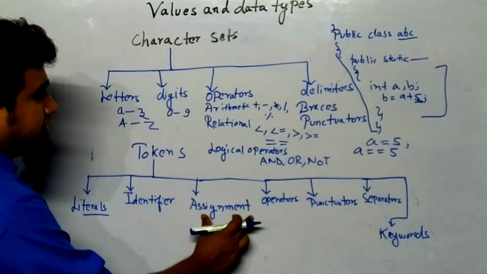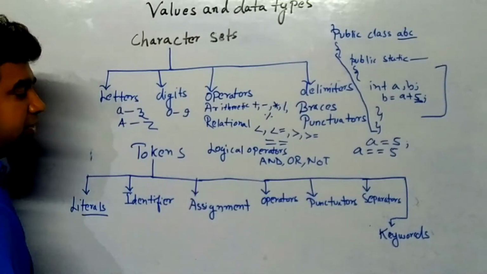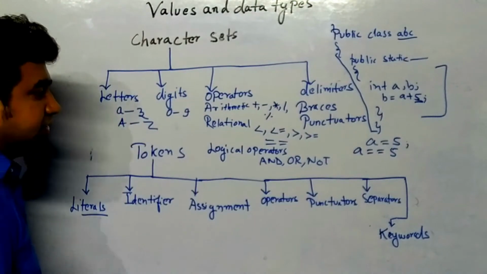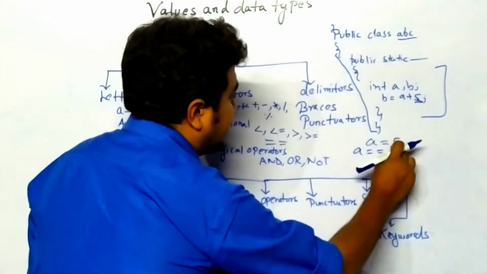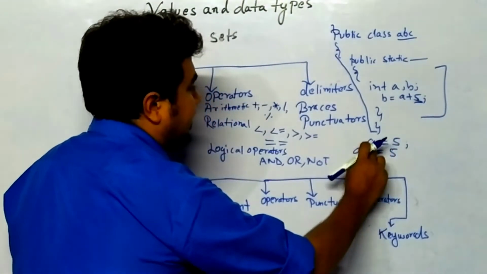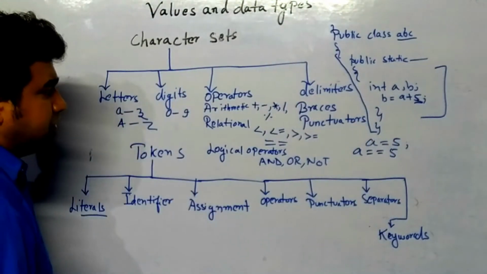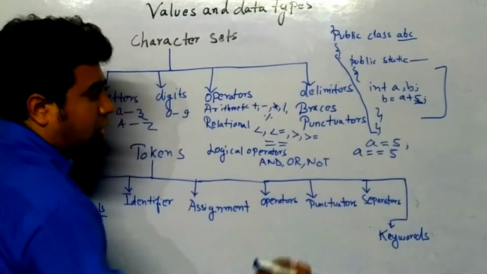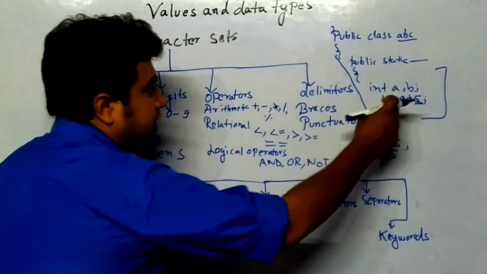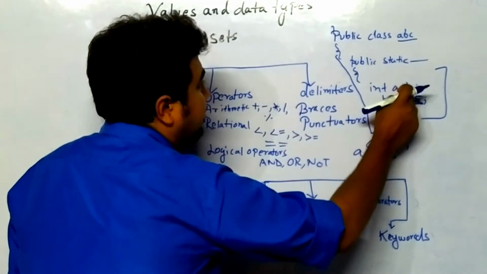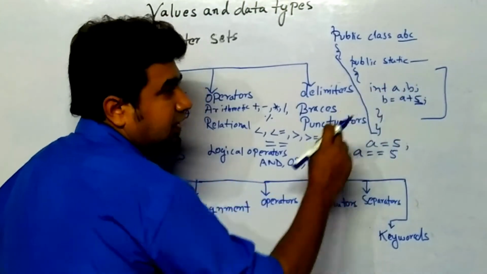Assignment operator, as I already explained, assigns values. 5 will be assigned to A. This is known as the assignment operator. Punctuators I have also explained: comma, semicolon. Comma is used to separate variables. A and B are both integers.